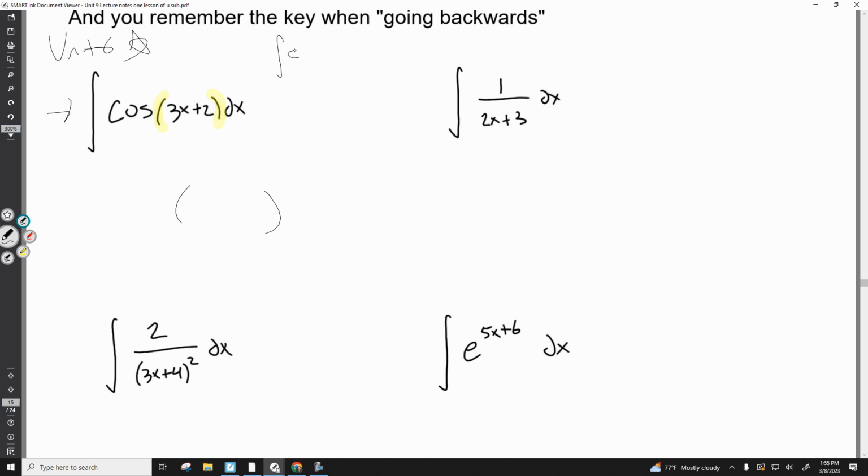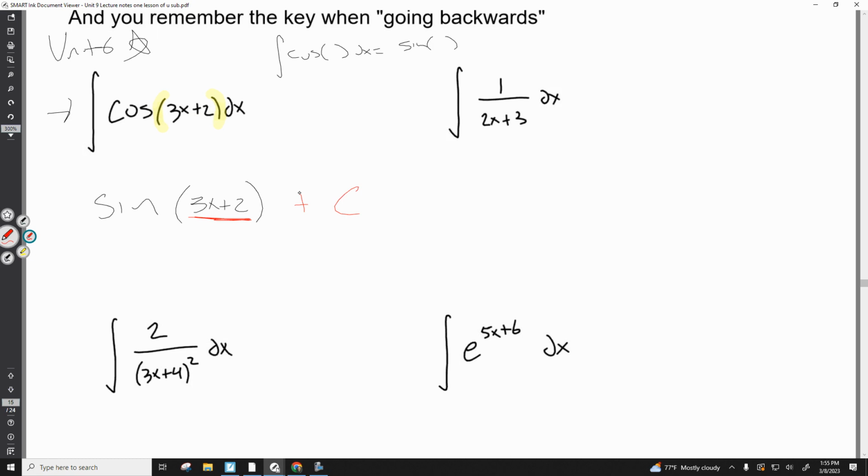Remember that the antiderivative of cosine is positive sine. The antiderivative of cosine parentheses is positive sine parentheses. Undo the cosine. You get sine. What starts in parentheses stays in parentheses. Plus C, but I'm wrong.